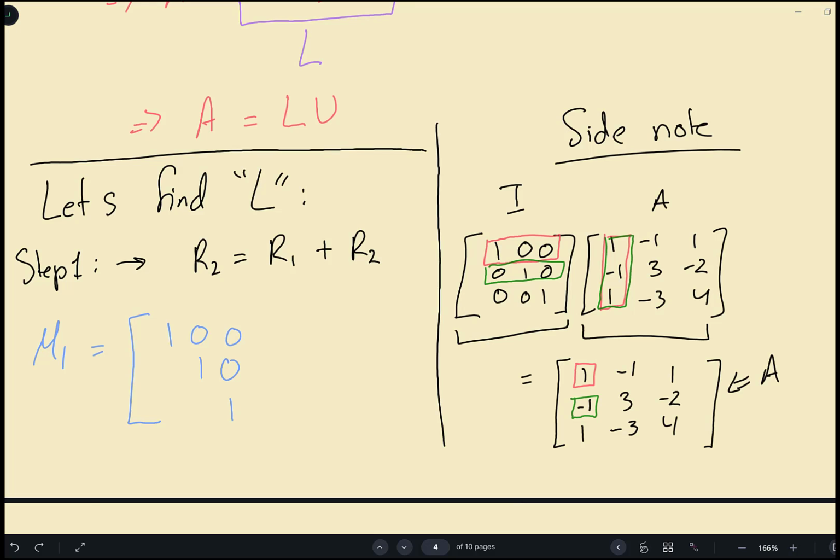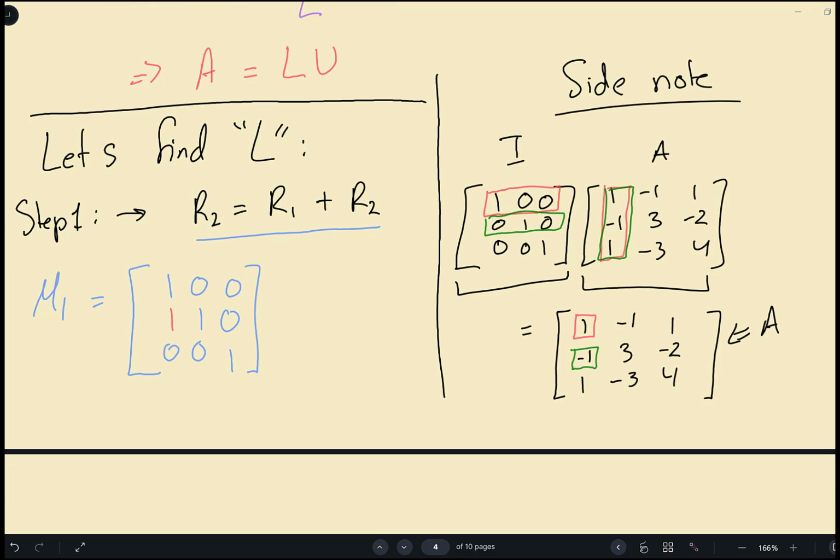Because this is basically doing a row operation where, in this case, we're doing row 1 plus row 2 to modify row 2. What we're doing is we're going to put here essentially a 1 and then zeros everywhere else. And what this is doing is exactly what this row operation does, but in matrix form.